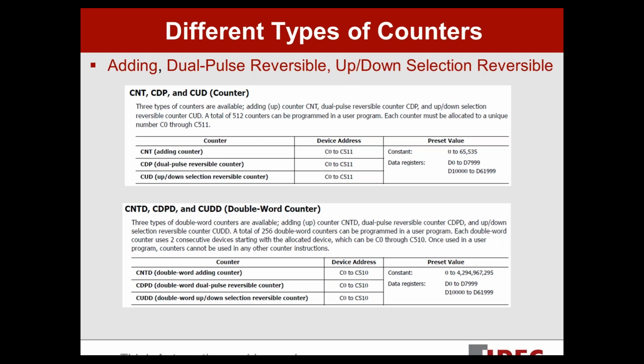The bottom counters there, those three that we show, again, those are adding, dual pulse reversible and up-down selection reversible. Those are just double word or 32-bit counters. Okay, so in other words, those can count from a value of 0 up through 4.294 billion. Okay, so it uses 32 bits to hold the count value.